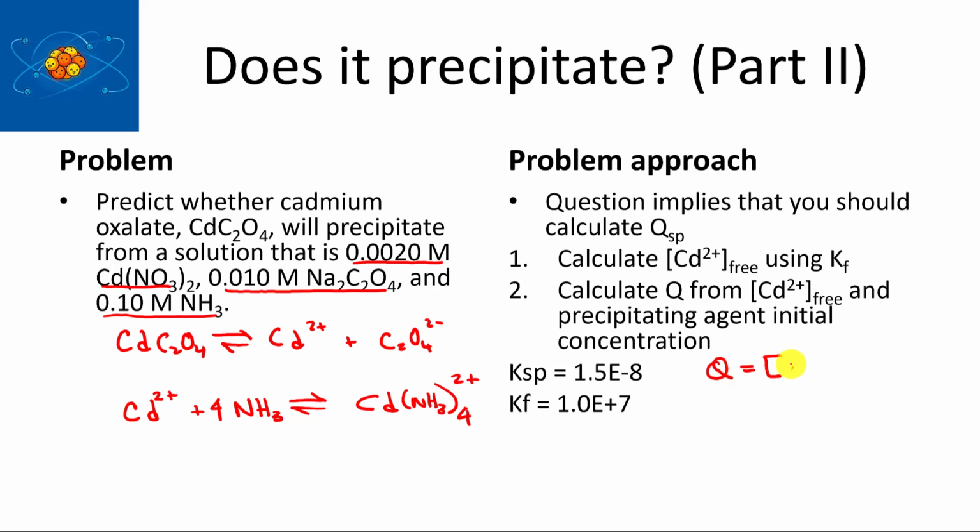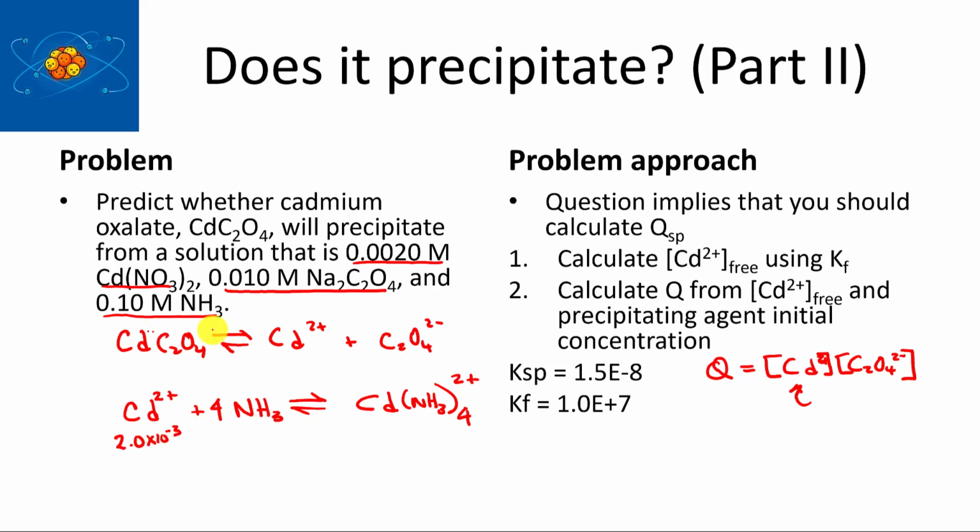So Q is the concentration of cadmium times the concentration of oxalate. And this is actually known as the free cadmium concentration. How much is left after the complex ion is formed? So I have 0.002, so let's do 2.0 times 10 to the minus third.